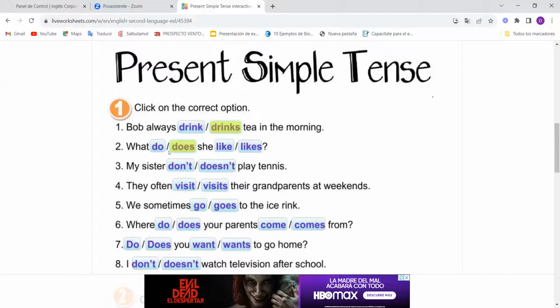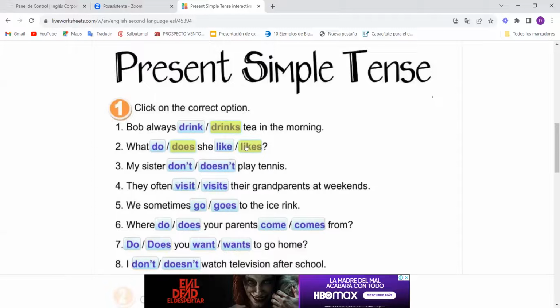Creo que está ahí. Hola. Ahorita vamos empezando, así que no hemos avanzado mucho si quiere. Cualquier cosa. Vamos por la número 2. What do you does? Me decía la compañera. Y de ahí, she like o likes. Sería likes, ¿verdad?